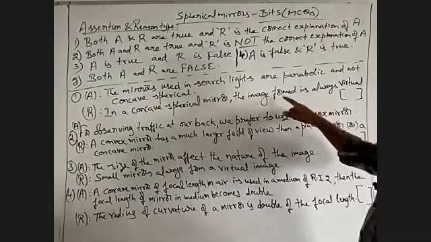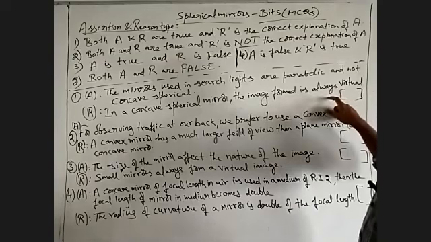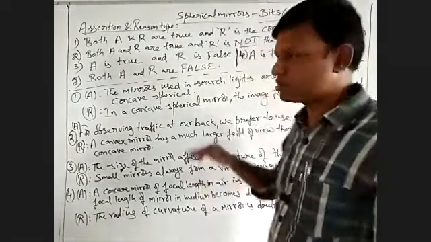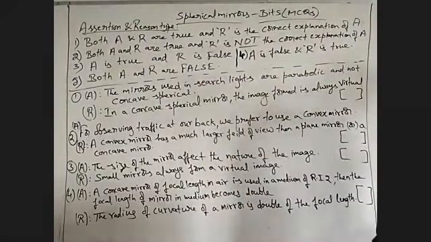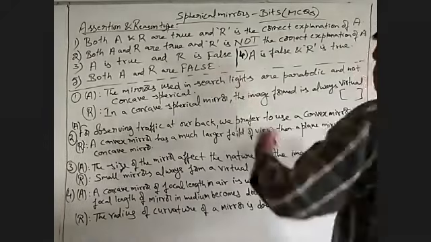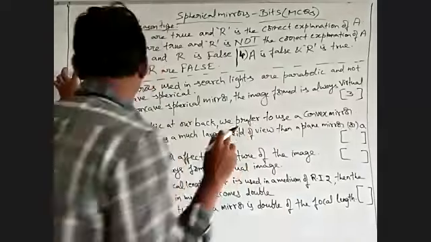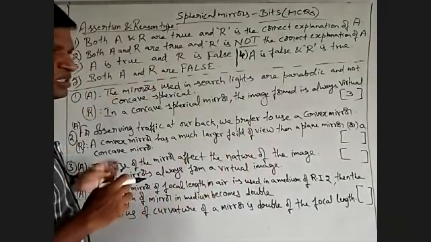But here it is given always virtual, so the reason is not correct. So the answer for this is 3, that means A is true and R is false.